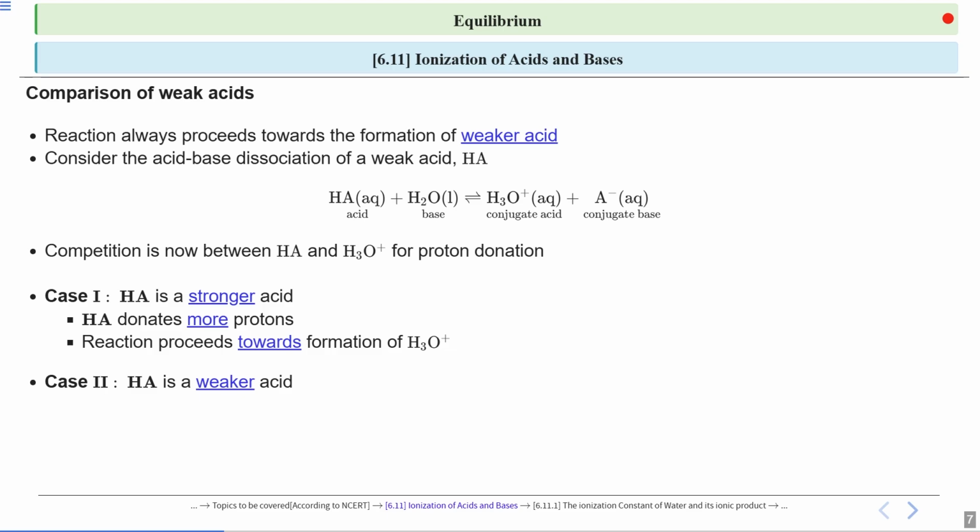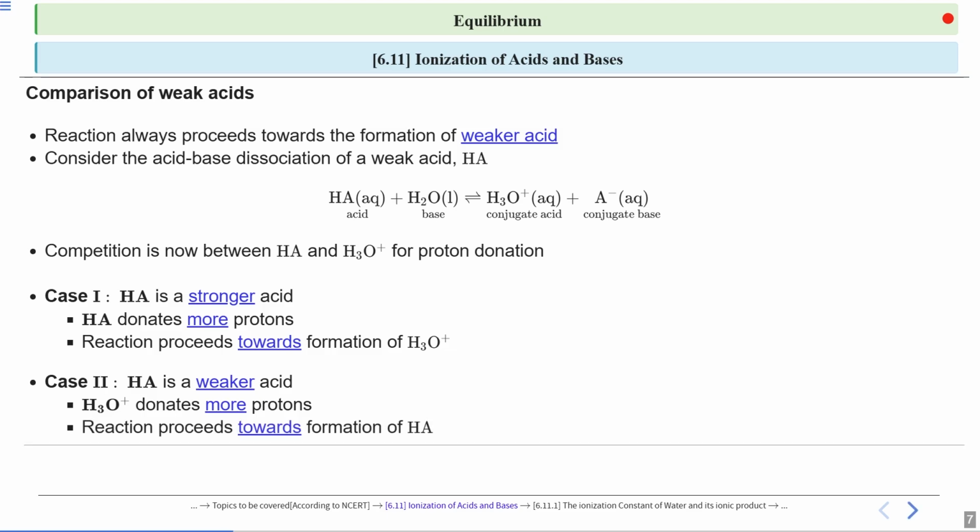In the second case, we are considering HA is a weaker acid. So where will the reaction go? It will go towards the reactant side. Why is it going there? Because now the H3O plus will donate more protons and the reaction will favor the formation of HA, because now the A minus will get more and more protons that will convert into HA.